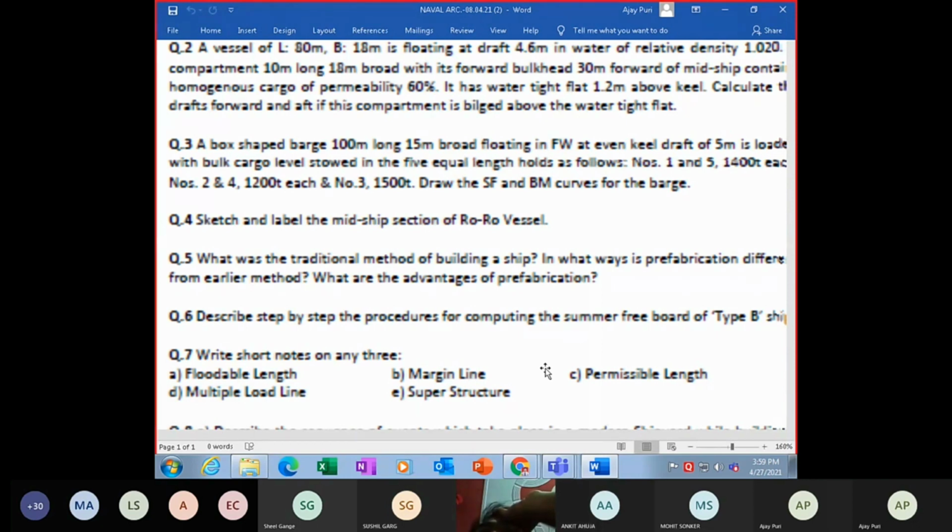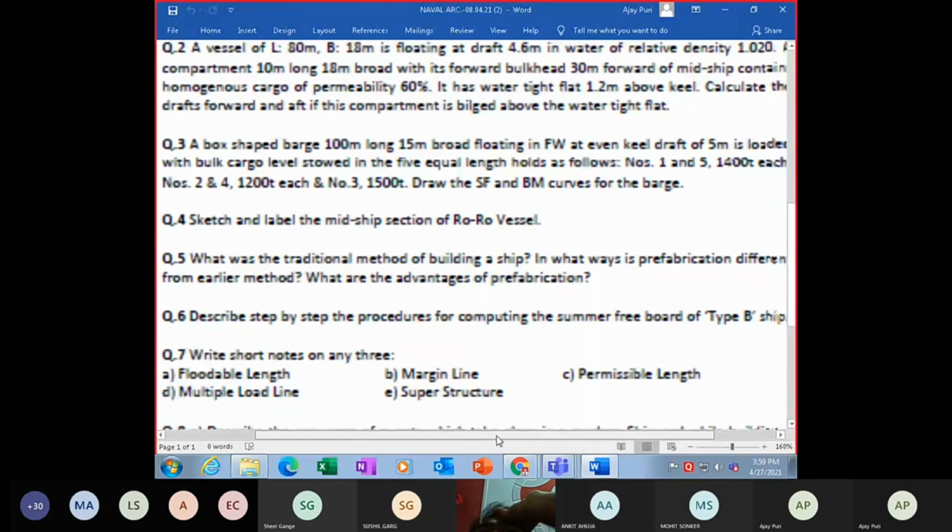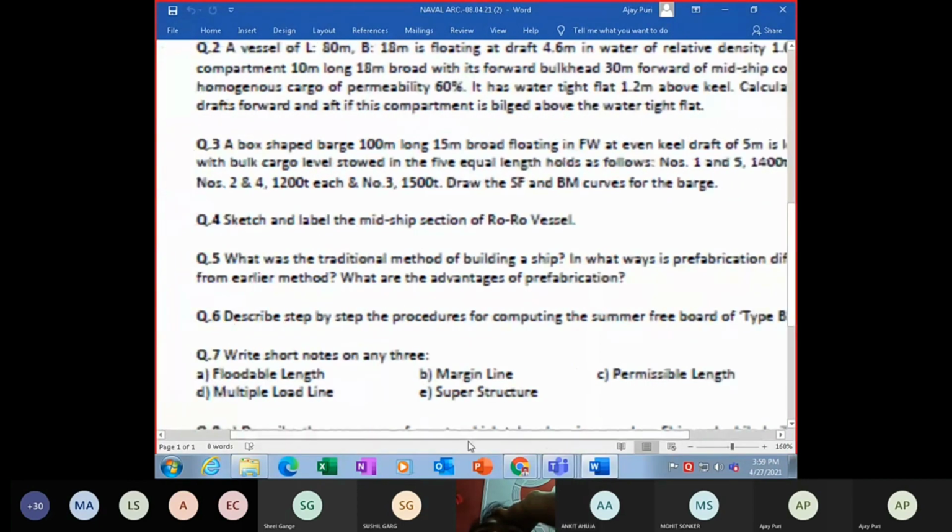Future method has changed. In what ways is fabrication different from the earlier method? In prefabrication, your various sections are brought to the shipyard and joined together. Earlier, basically the keel was laid and all the sections were connected there.